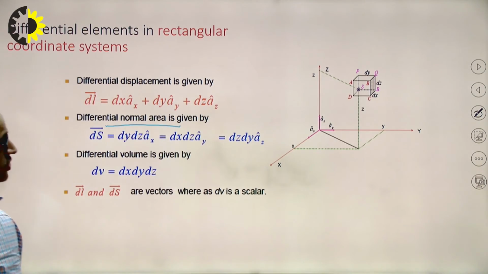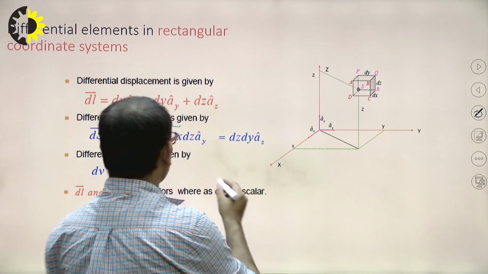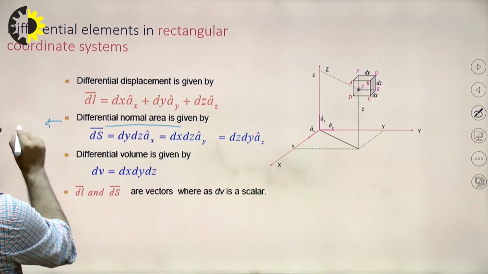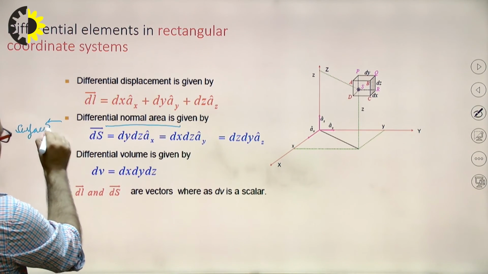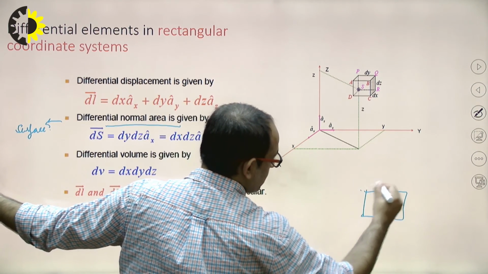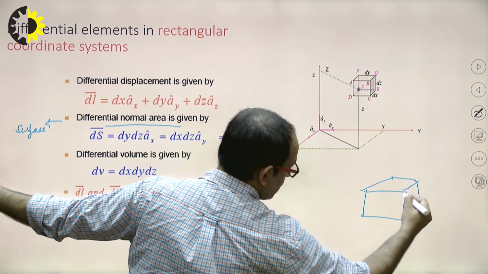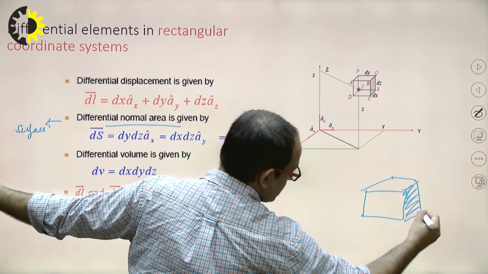Now differential volume, differential area. If I say differential area, area will be of what? Area will be of surface. Now see that if this is a cuboid, this one is the area of a surface.